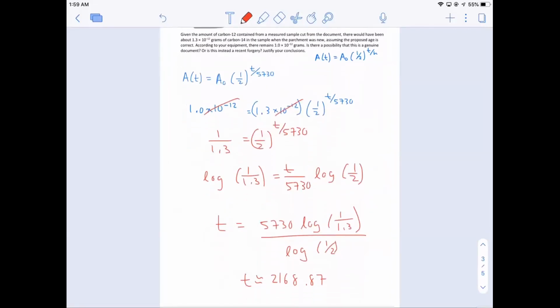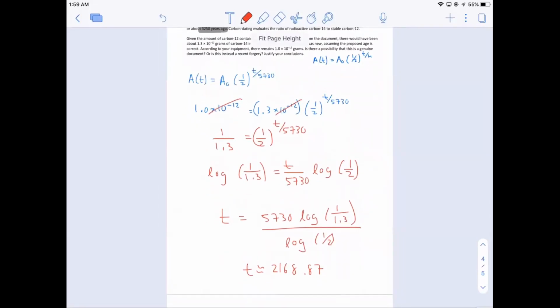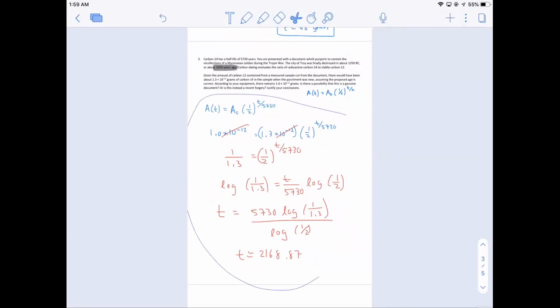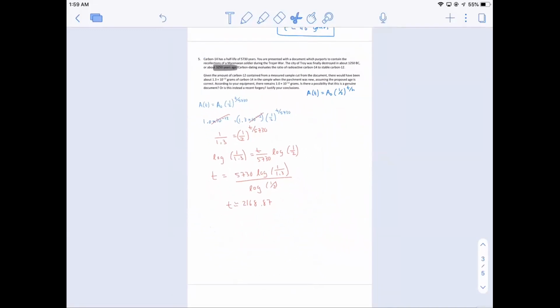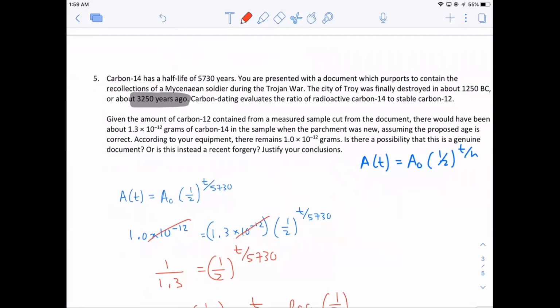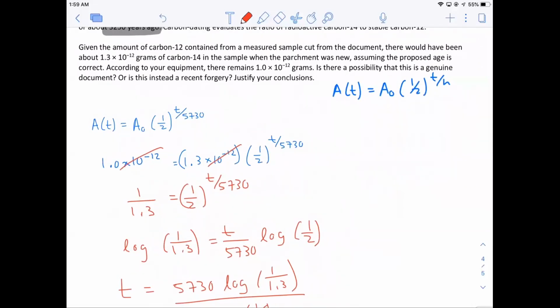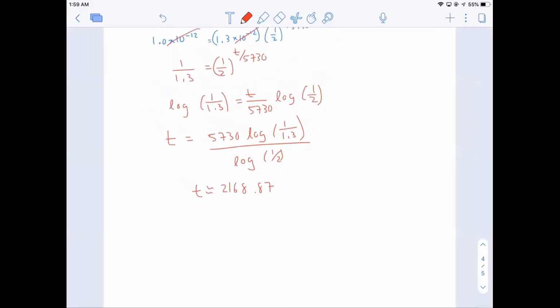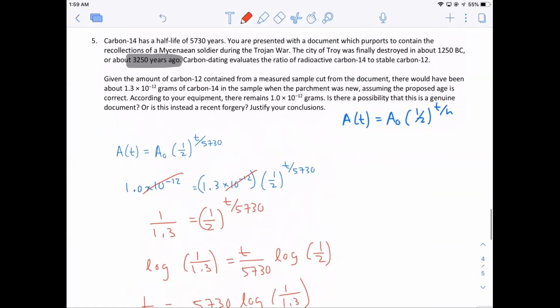But based on the actual carbon amounts, the document is 2,169-ish years old, which is about 1,000 years off from what it would actually be if it came from the city of Troy. So is this a recent forgery? While it might not be a recent forgery, it is definitely not from the time period.